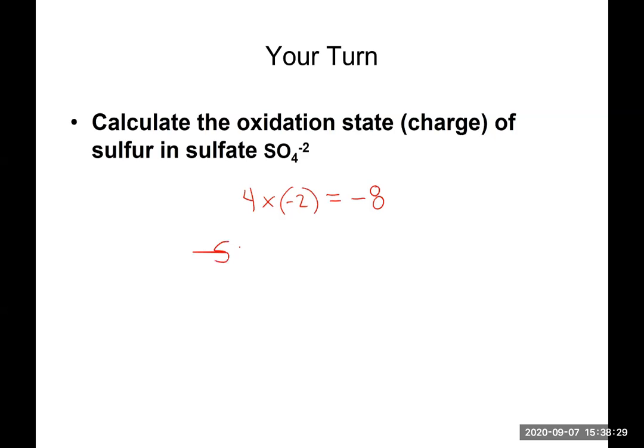That means whatever the sulfur is plus the -8 charge contribution by the oxygens is going to equal -2. We can just add 8 to both sides of this equal sign, and then the sulfur is equal to 8 minus 2, or +6.